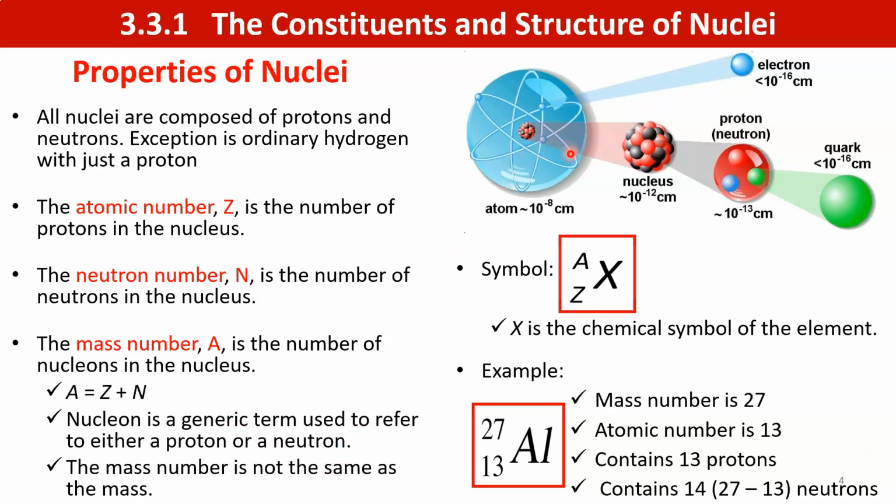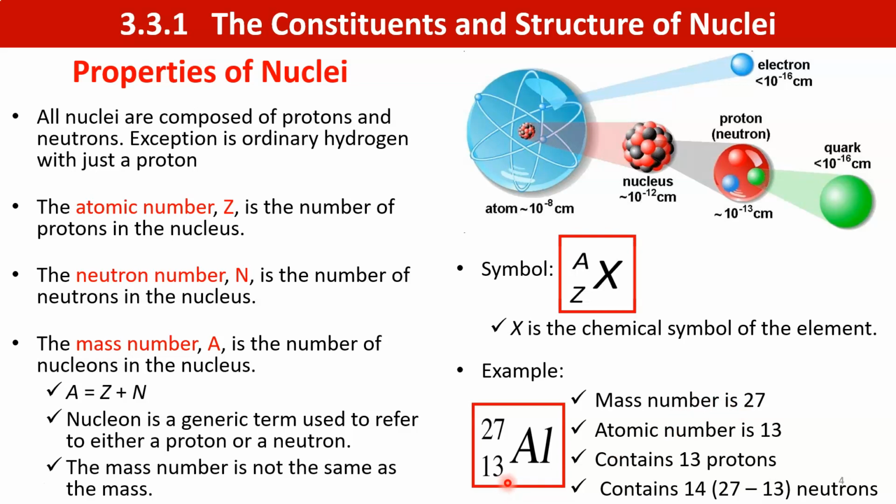Okay, this is the graphical representation for the nucleus. X is the chemical symbol of the element, A is the mass number, Z is the atomic number. Example, for aluminium, 27 over 13. The mass number of aluminium is 27, the atomic number is 13.